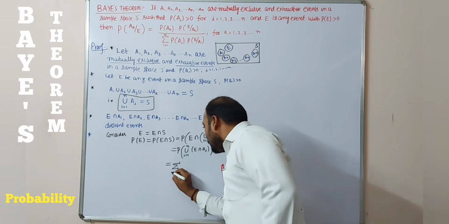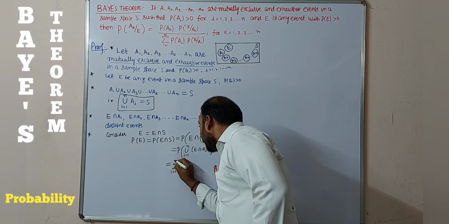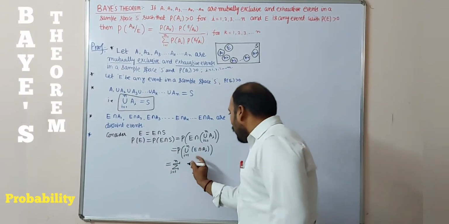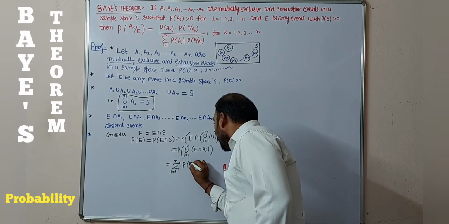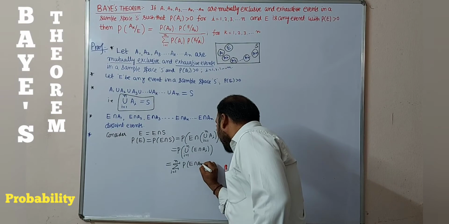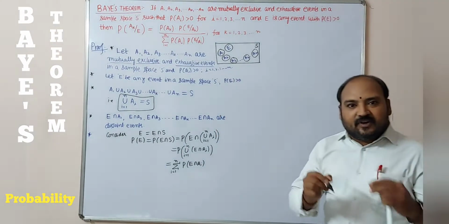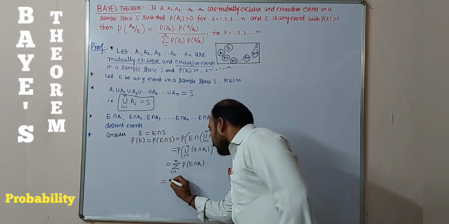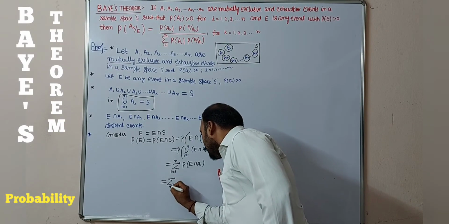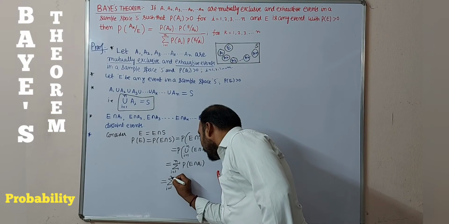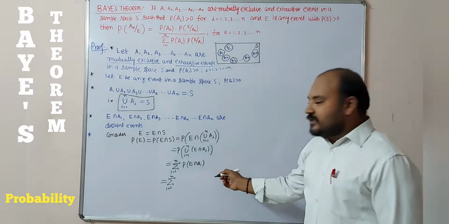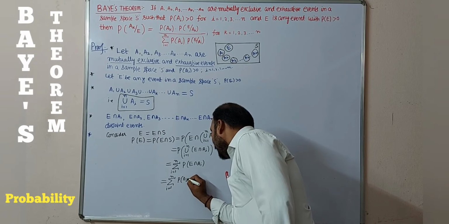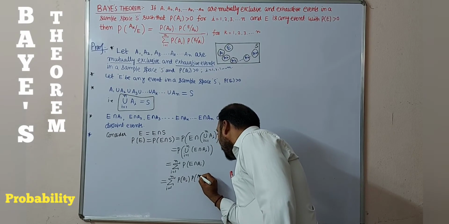So sigma I is equal to 1 to n, P of E intersection AI. By definition of conditional probability, sigma I is equal to 1 to n, P of E intersection AI can be written as P of AI into P of E given AI.